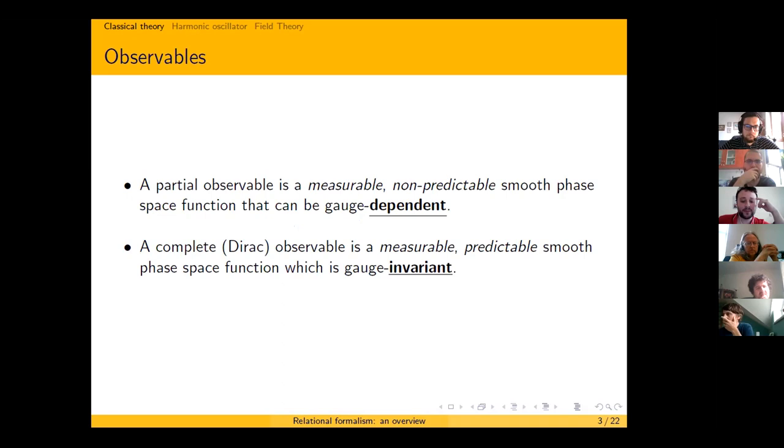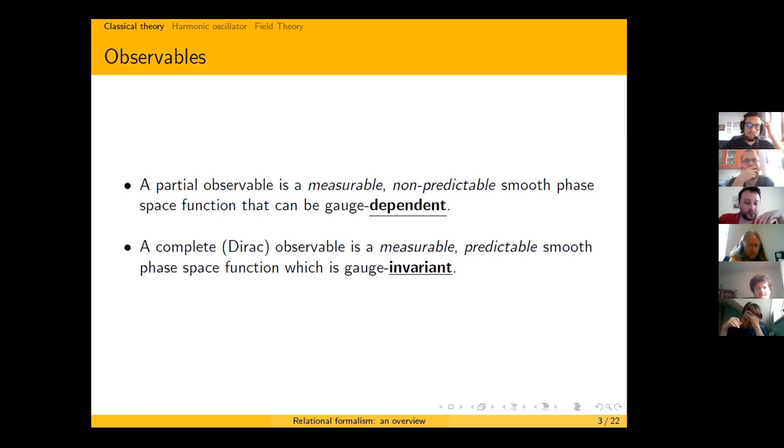That is, we make a difference between partial observable and complete observable. A partial observable is a phase space function which can be directly measured by some device, but it's not predictable, in the sense that since it is not gauge invariant, we cannot explain its dynamics with respect to some other quantity, namely some other variables.